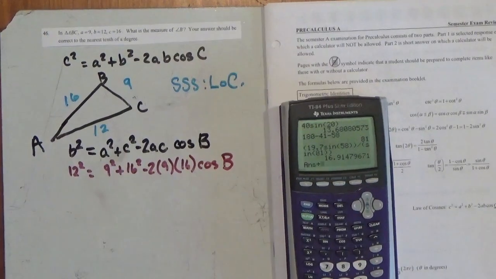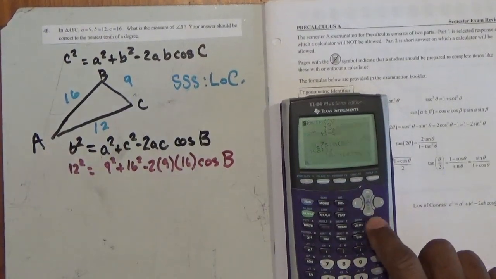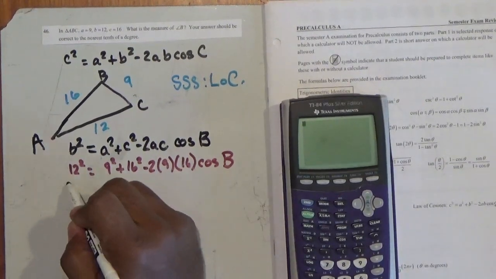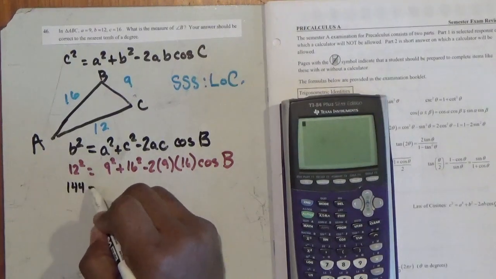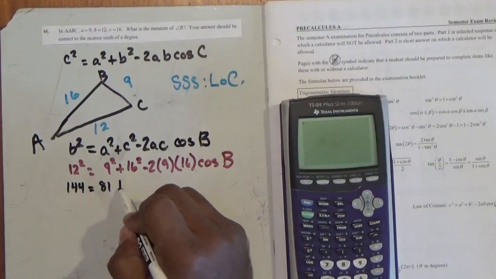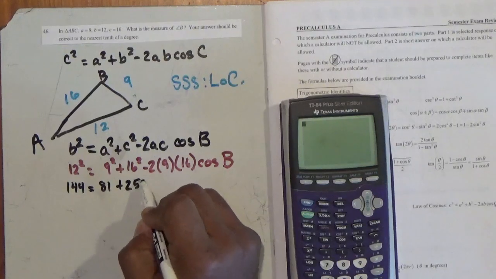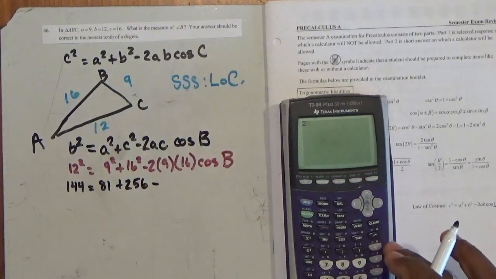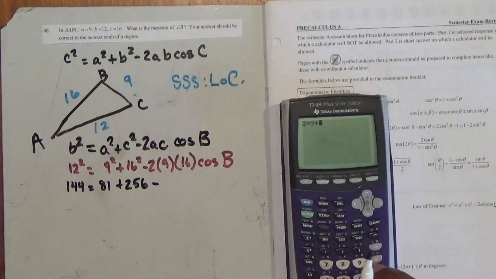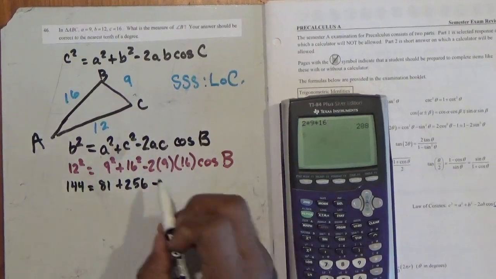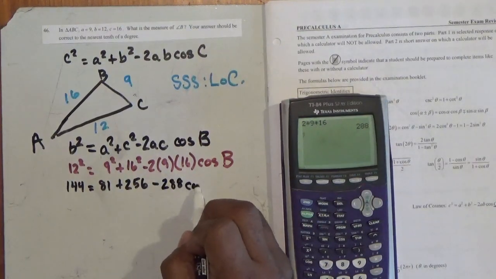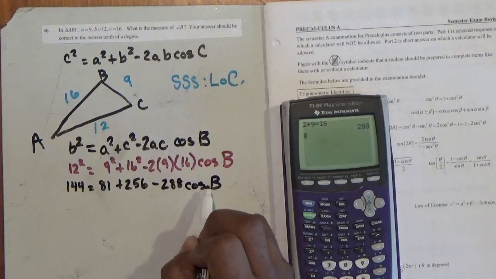Now finding our squares, this is going to give me 144 is equal to 81 plus 256 minus 2 times 9 times 16, that's minus 288 cosine B.